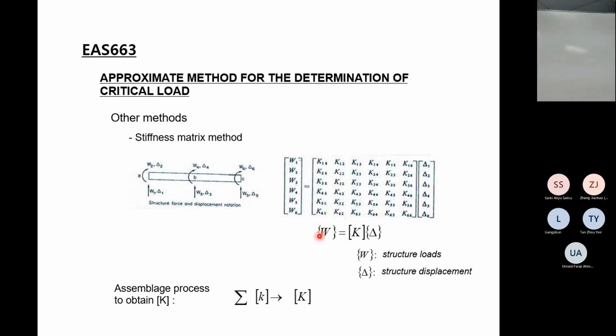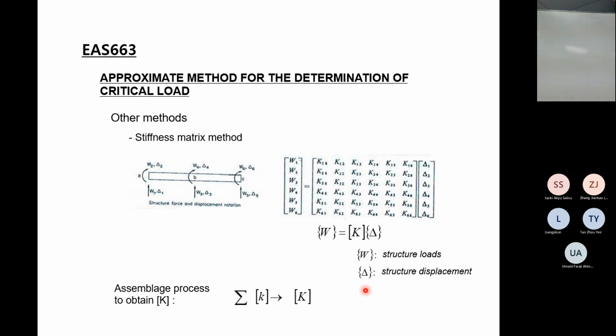And it is equal to the big matrix K, that is the structure stiffness equations, multiplied with delta. And delta, instead of the displacement vector at element level, it becomes the structure displacement. And the big K here is called the structure stiffness matrix.